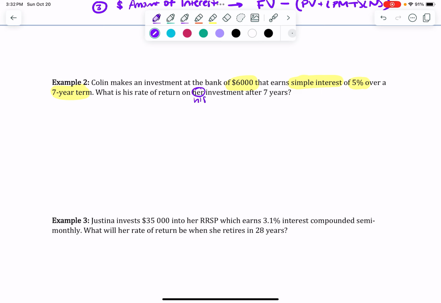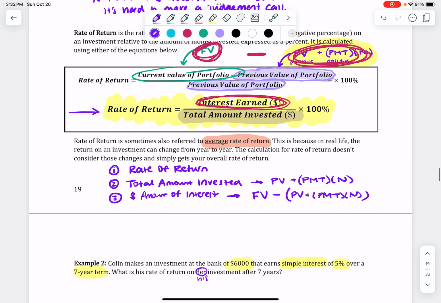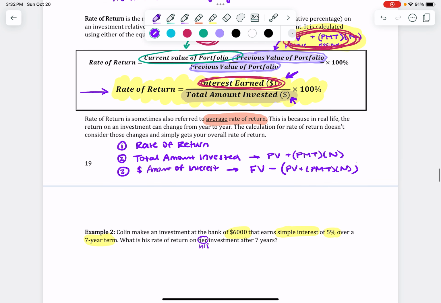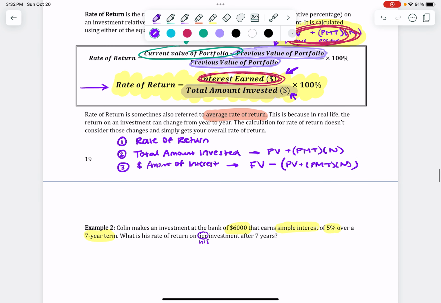Okay, now when I take a look at the rate of return formula, I want to look at something in either one or two ways. I can look at this as dollar amount of interest earned over the amount invested here. In my simple interest calculation, there are two ways I can kind of approach this, right?